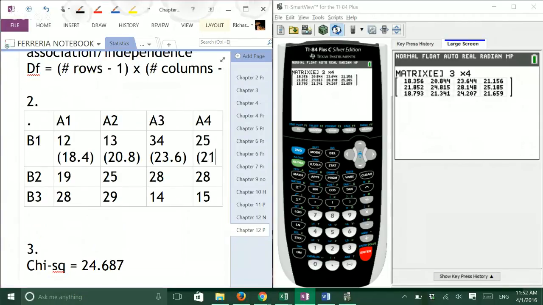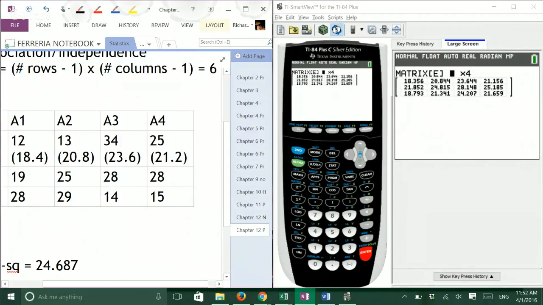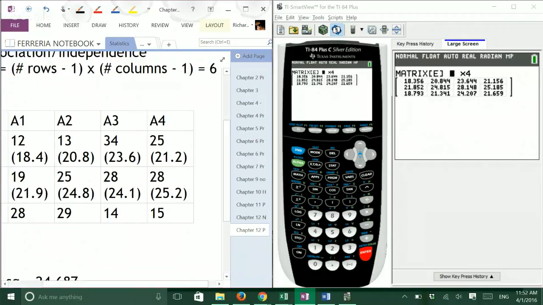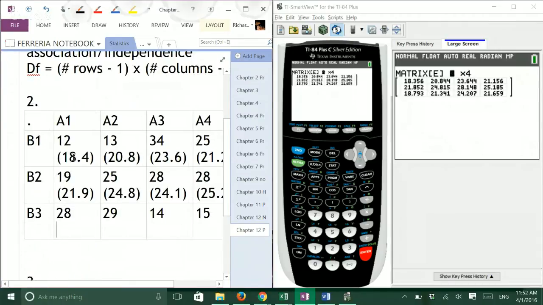Yeah, I think at this point, because we're not doing any calculations with these numbers, we're just using them. 21.9, and what is that? 24.8, 24.1, and 25.2. 18.8, 21.3, 24.2. And lastly, 21.7.